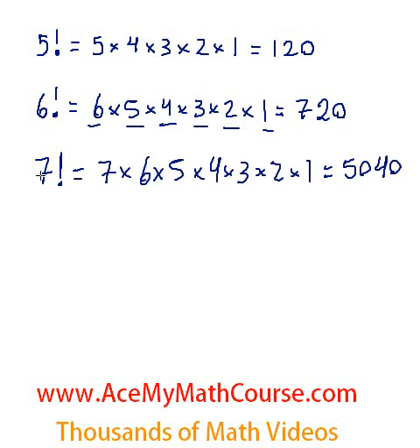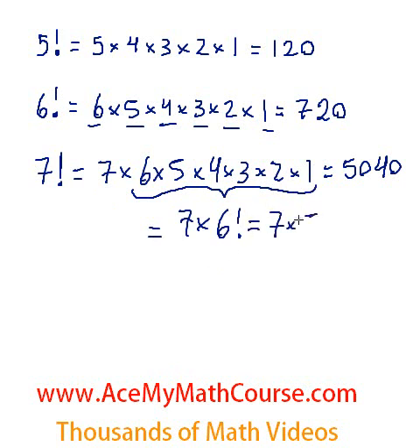And one important thing is that, take a look here, we have this whole thing, 6 times 5 times 4 times 3 times 2 times 1, that's just 6 factorial, right? So 7 factorial is just really 7 times 6 factorial, which could be rewritten as 7 times 6 times 5 factorial. And you could keep expanding this if necessary.